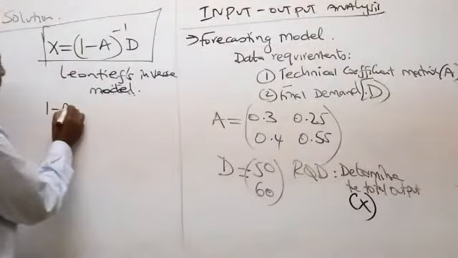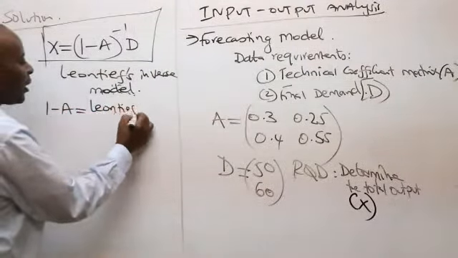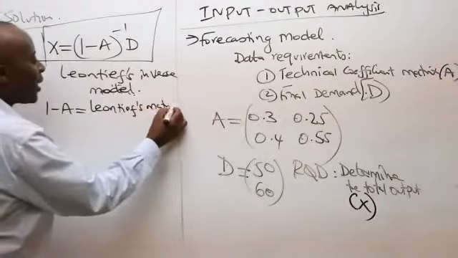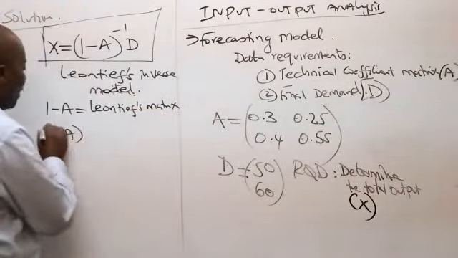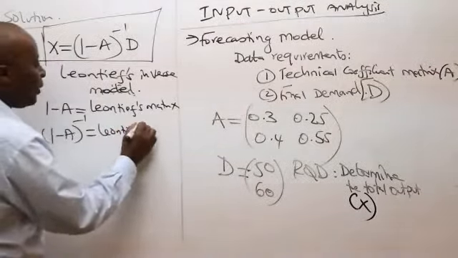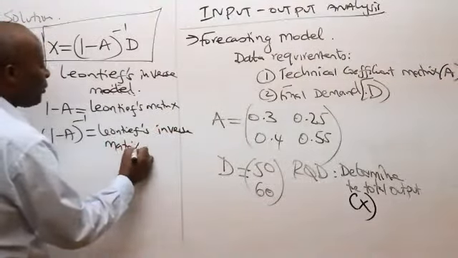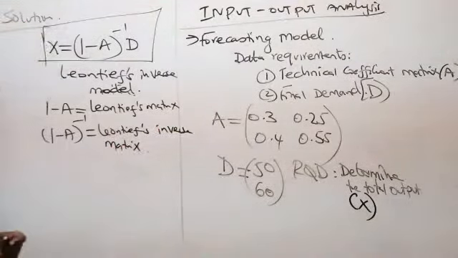It is this I minus A that we call the Leontief's matrix, and then we have I minus A inverse, which will be the Leontief's inverse matrix.